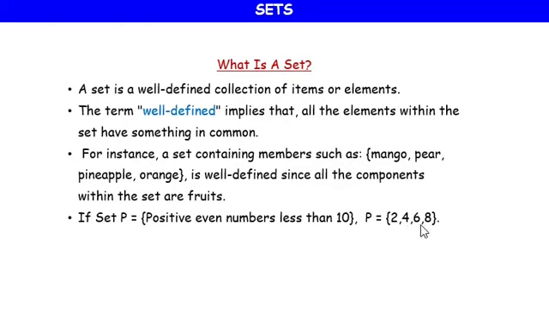Because all the members of this set have something in common: they are all positive even numbers less than 10. All of them obey the definition of set P. This is just to give you a general overview of a set. Alright, let's move on.